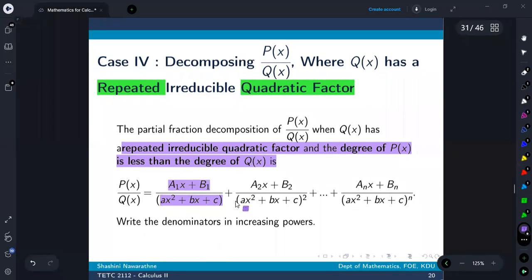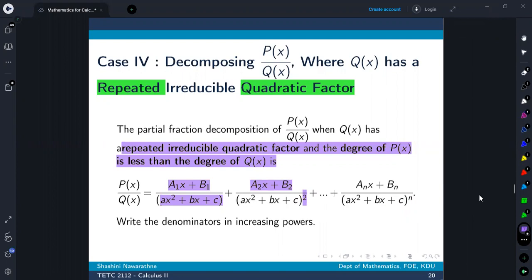And for the second factor, the denominator is ax squared plus bx plus c to the power 2, and so on. Similarly, we need to write this n times since there are n repeated factors. And here also, as in the second case, you need to write this expression according to the increasing order.